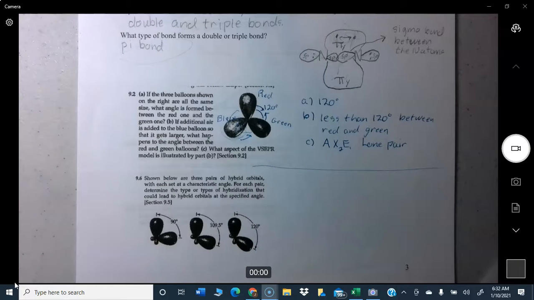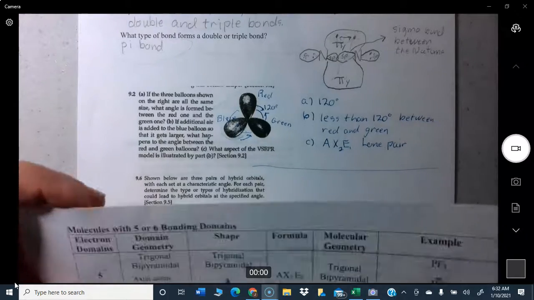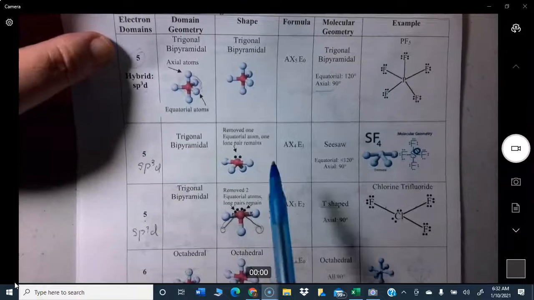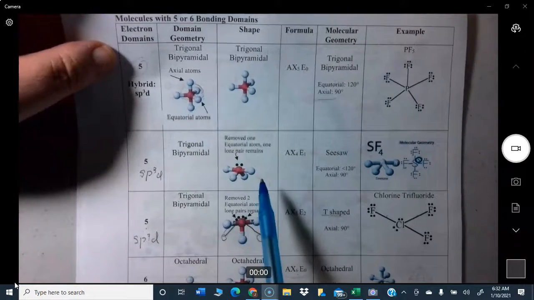Okay, 9.6. Shown below are three pairs of hybrid orbitals with each set at a characteristic angle. For each pair, determine the type or types of hybridization that would lead to hybrid orbitals at the specified angles. Alright, so the first one is 90 degrees. So you go over to your sheet. Where do you find 90-degree angles?